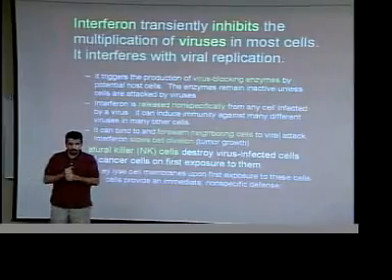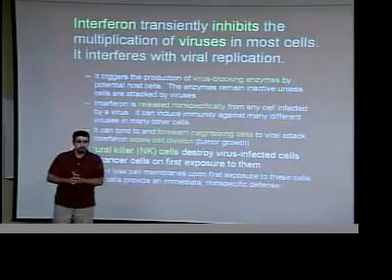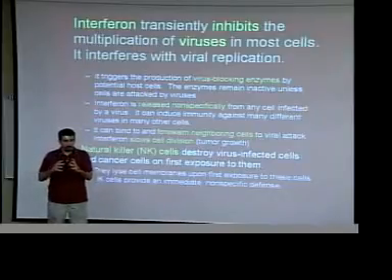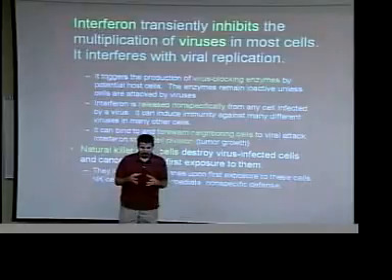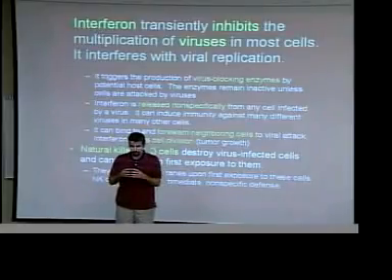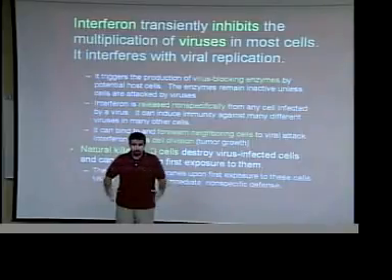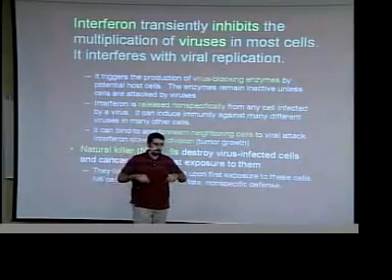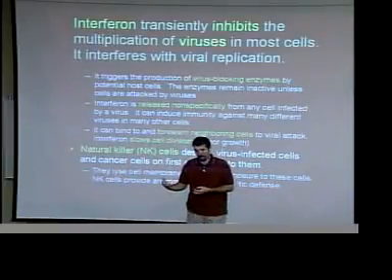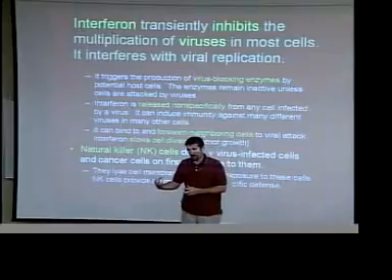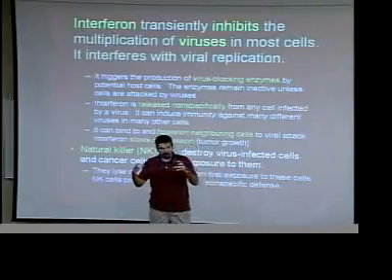Now, interferon does what it says. It interferes. It doesn't interfere with that cell. That cell is a goner. It's going to take one for the team, though. Because when it dies, it's going to have, hopefully, before it dies, released enough interferon to go to the cells around it and give them a heads up. As that interferon leaves, it goes out to neighboring cells, hopefully ones that have not been infected yet, and then it's a race. If a cell hasn't been infected yet, that interferon will bind to the surface.